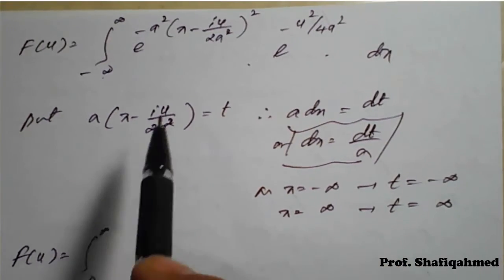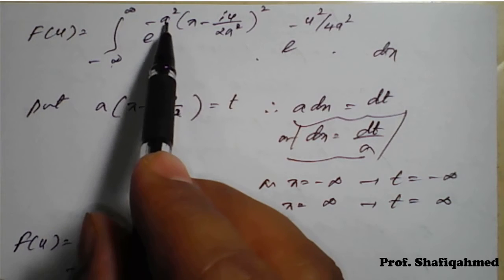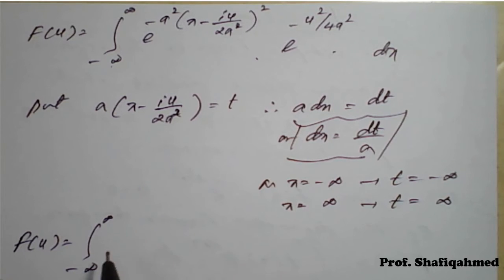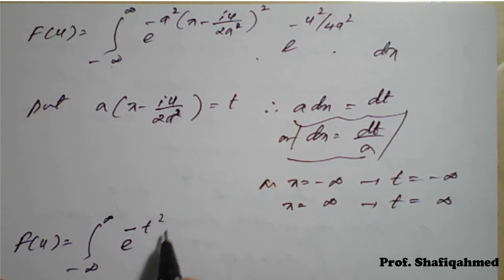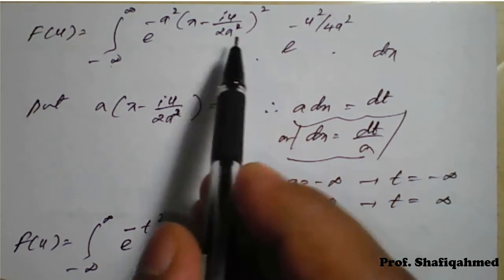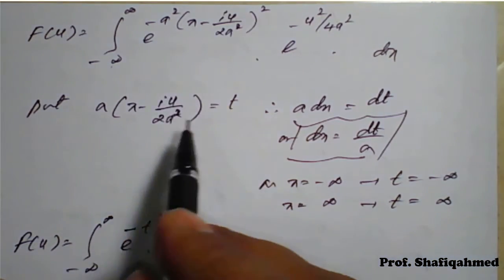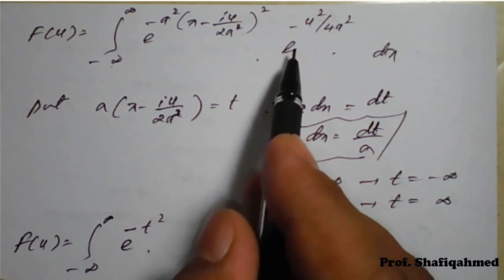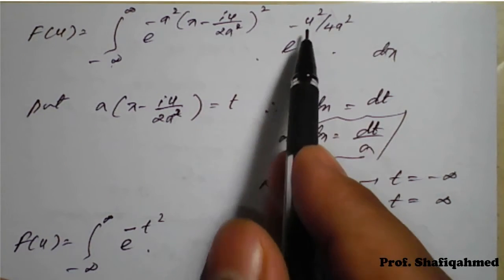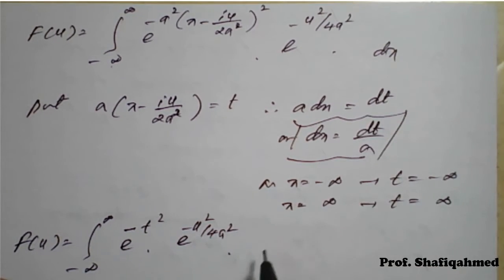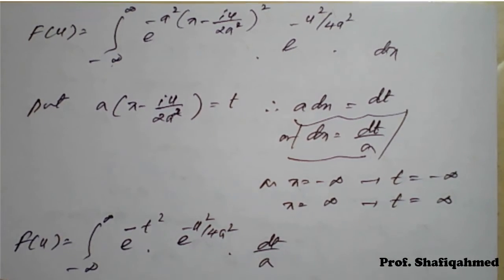Here we need to substitute this a into x minus iu upon 2a square, and it will become e raised to minus t square, because this is one time, here we have two times, so it is minus t square, and this e raised to minus u square upon 4a square as it is, and dx will become dt upon a.